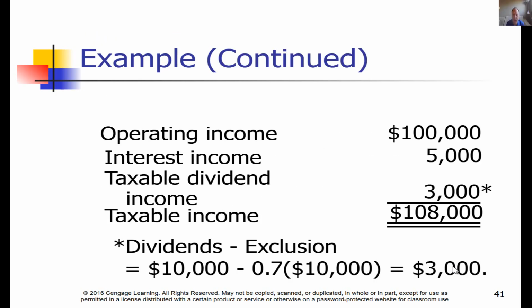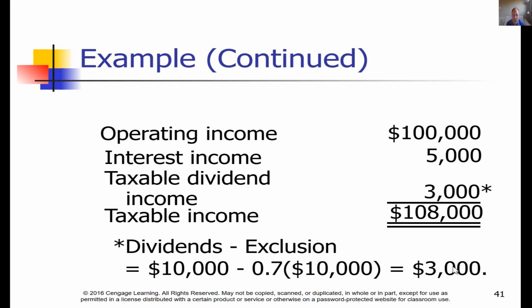So we have operating income of $100,000. We add the $5,000 in interest income. So for a company, they add interest income and subtract interest expense before calculating taxes. But the dividend income is bizarre. The portion that is taxable is only 30% of the $10,000, or $3,000.